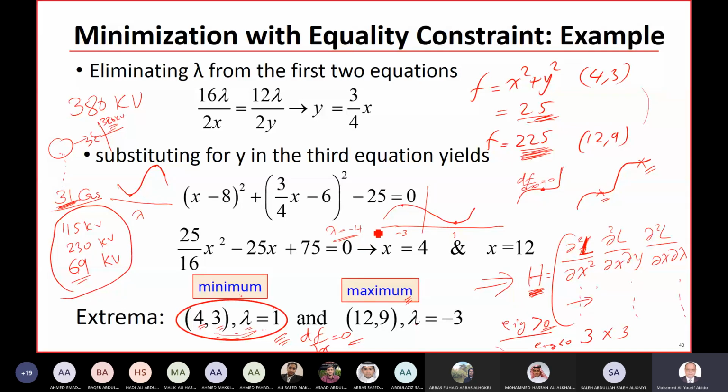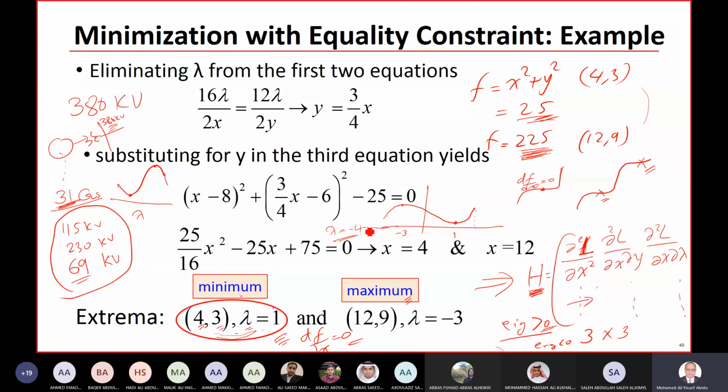If you start with lambda here, most likely you will hit this maximum point. You will improve the solution until you come here. But if you start with, for example, lambda equal to 2, most likely you will get trapped at this point, so you have another solution.